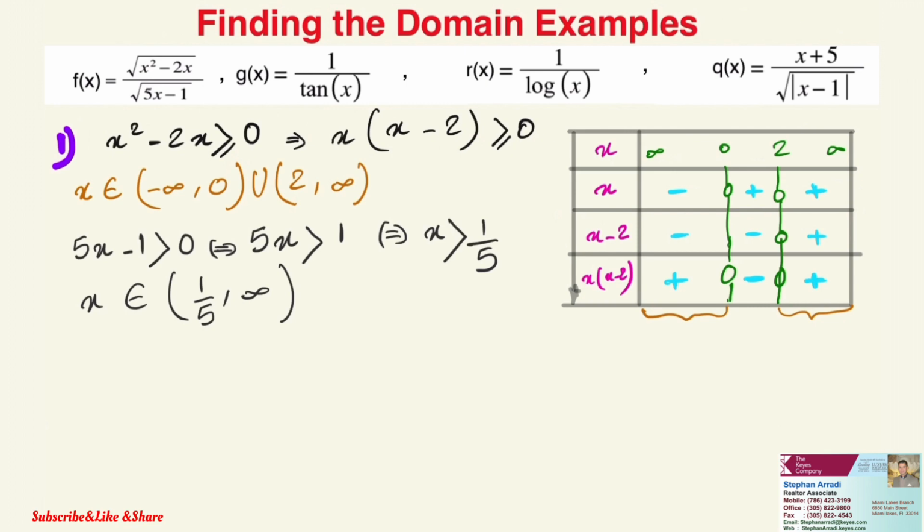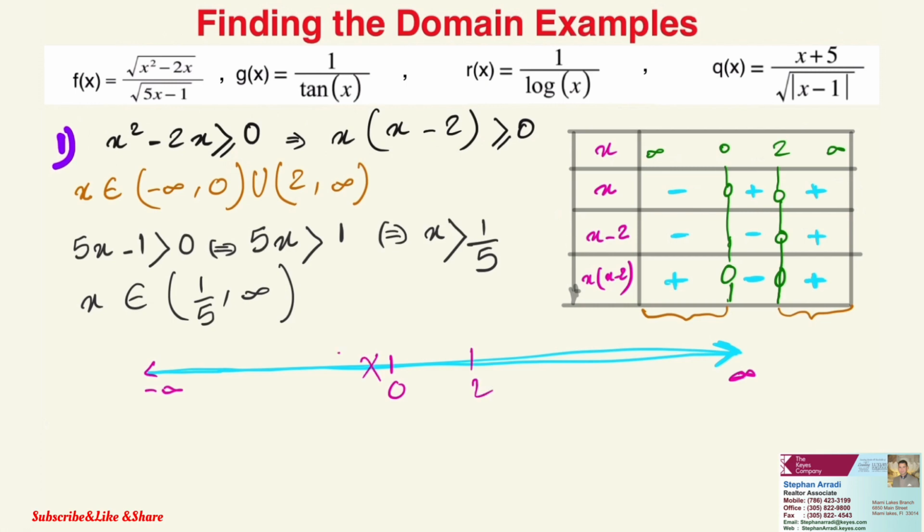Now we can combine all of them at one time. We can put a line like this, so we have the domain for the first one. We change the color here. For the first one, we go from negative infinity to infinity, and here we can put 0 and 2.